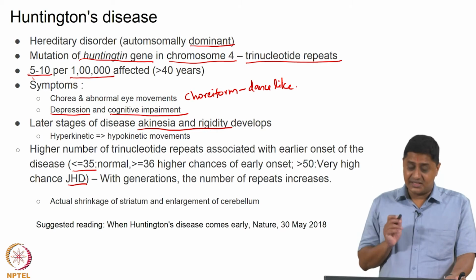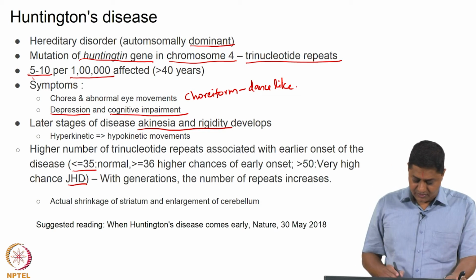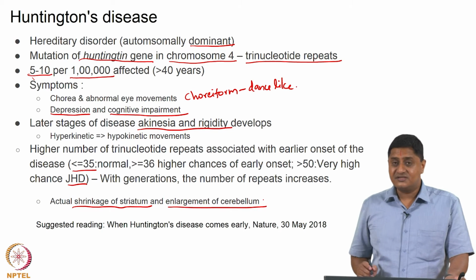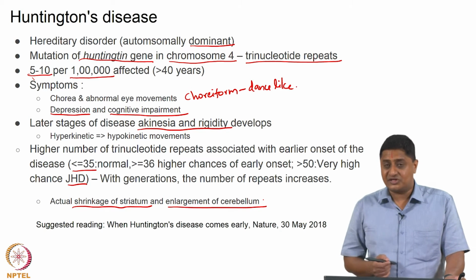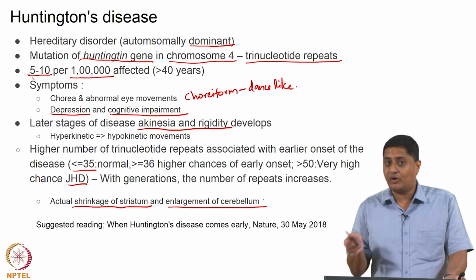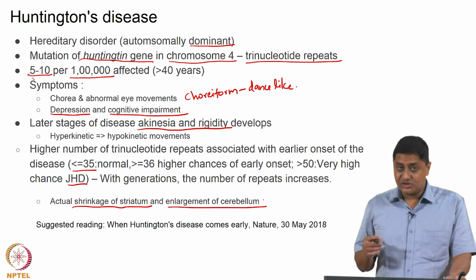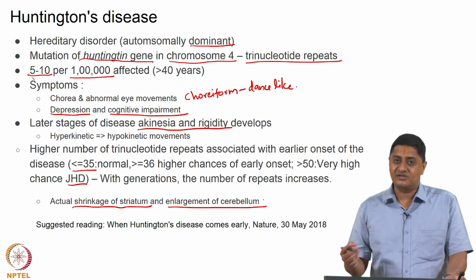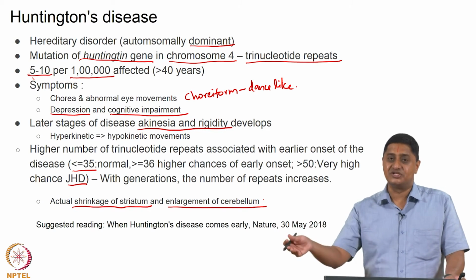And in children with JHD, it turns out that there is an actual shrinkage of striatum and an enlargement of cerebellum. This is a maladaptation, an adaptation due to pathology. This leads to a situation where this child does not go through the choreiform stage and directly reaches rigidity.